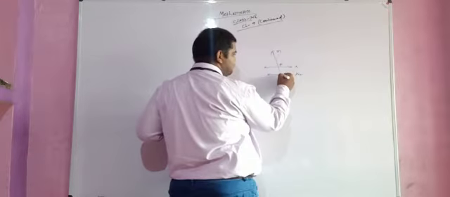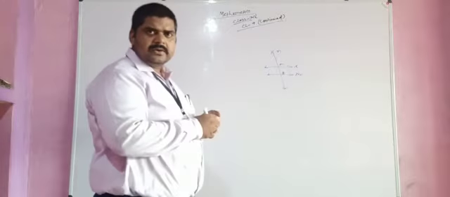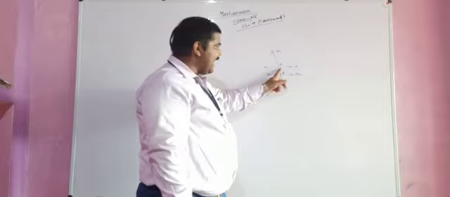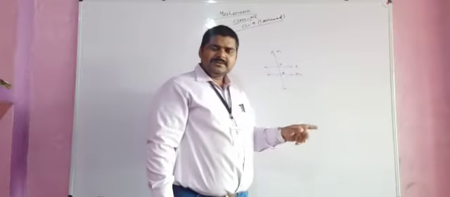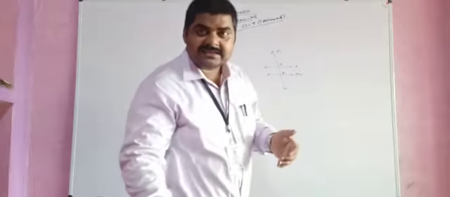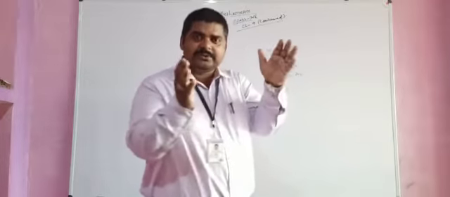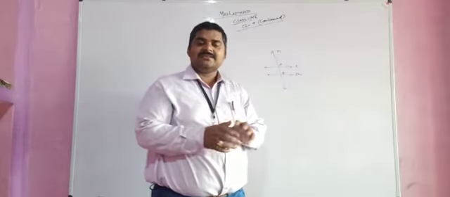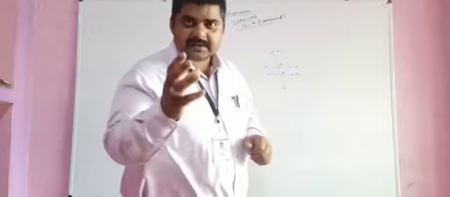One point is P and the second one is Q. So it intersects L at P and M at Q. Since it intersects two lines at two different points, it is known as a transversal.